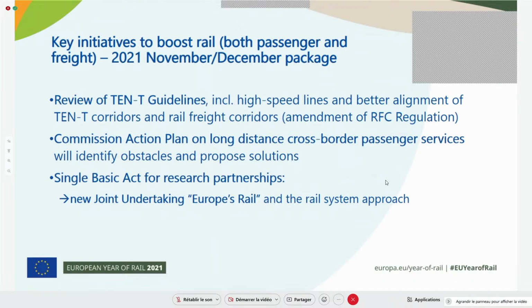One is the review of the TEN-T guidelines, including high-speed lines and better alignment with the other initiatives, notably TEN-T corridors and rail freight, including also the amendment of the rail freight regulation. And then, as a part of the sustainable and smart mobility strategy, the Commission action plan on long distance and cross-border passenger services, which also responds to some of the points highlighted in the Connecting Europe Express.